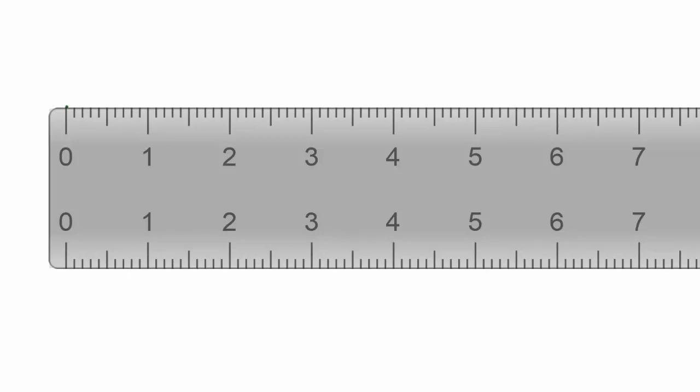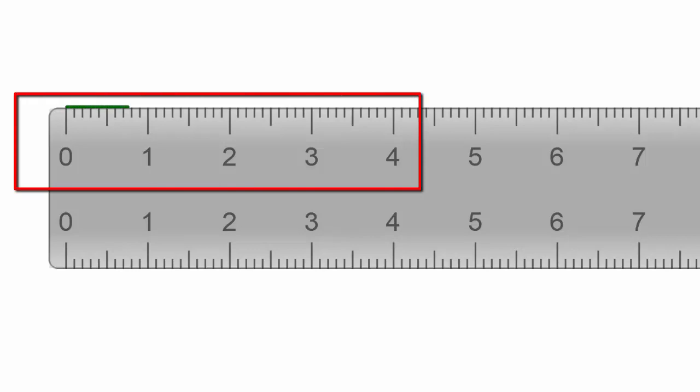Draw the line segment from 0 to 1, 2, 3. We have to draw the 3.8 centimeter as shown here. 3.5, 3.6, 3.7 and here is the 3.8. Lift the ruler and show the end points. We give the names, this one is the point A, this one is the point B.